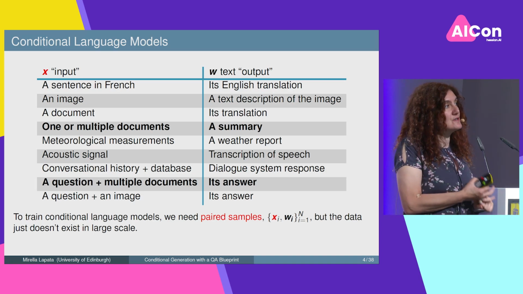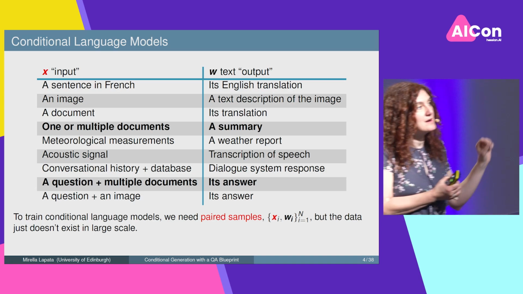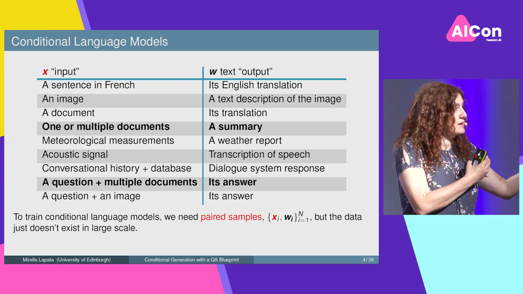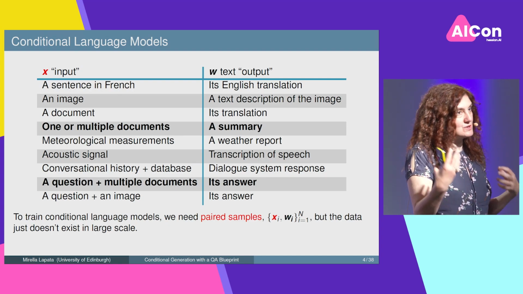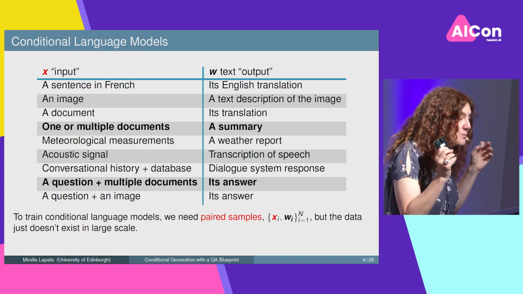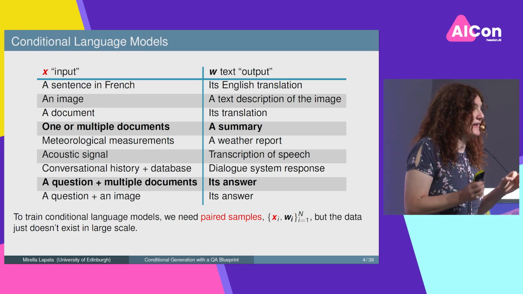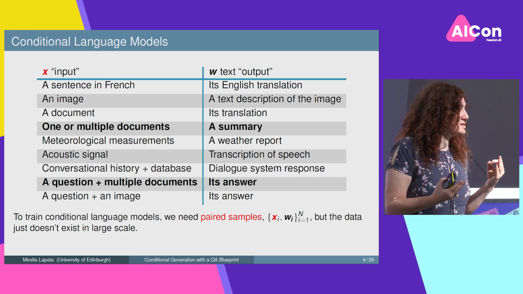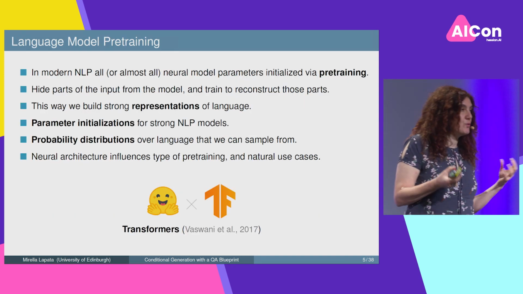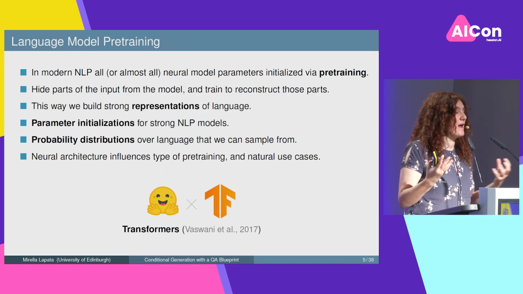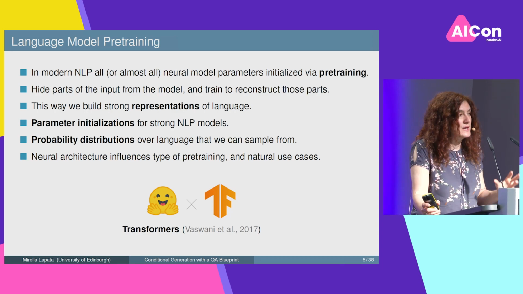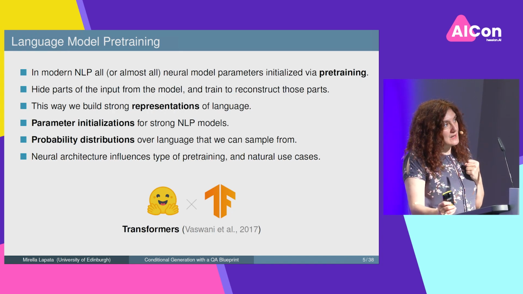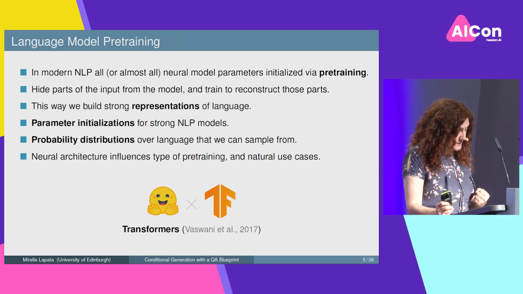Now, to train these conditional models, here's the problem. We need paired samples of input, in this case one or multiple documents, and output pairs, which in our case would be a summary. But this data does not exist at large scale. You cannot find hundreds of thousands of input-output pairs. So the way we get around this problem in modern NLP is that we first initialize model parameters via pre-training.